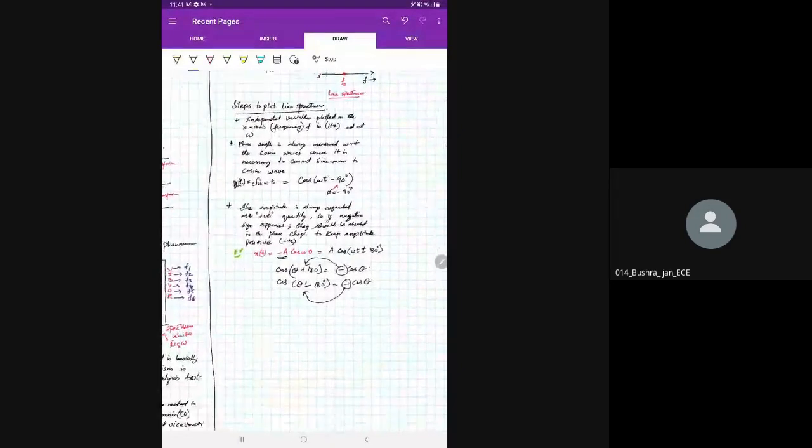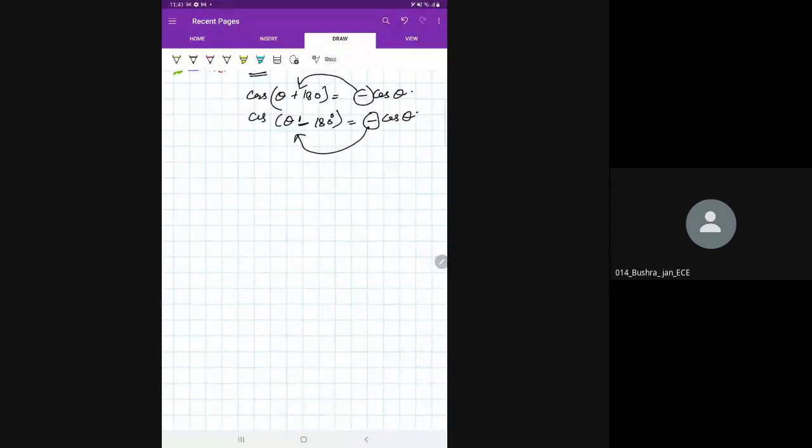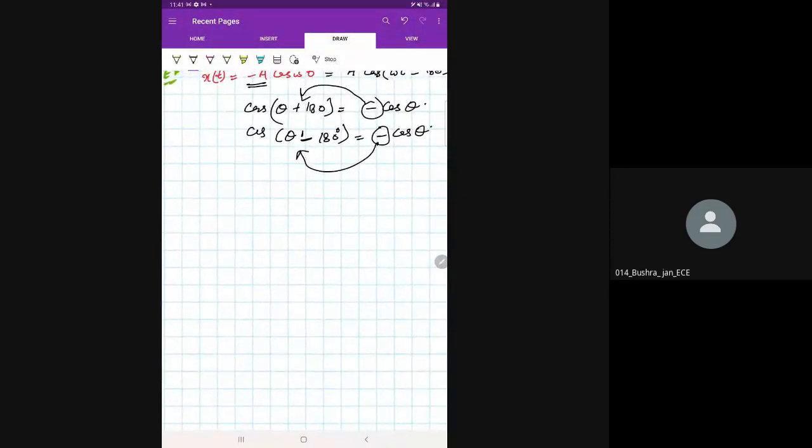So I have an example. The example is like this: sketch the line spectrum of the following signal.